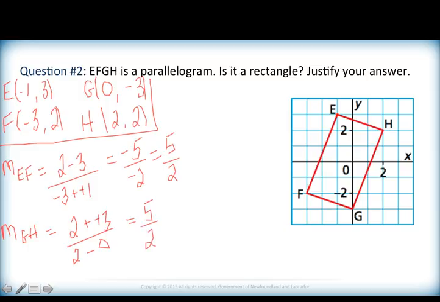As you can see here, both the slopes are the same answer, so we can conclude the slope of EF equals the slope of GH. Since they are the same, therefore they are parallel.